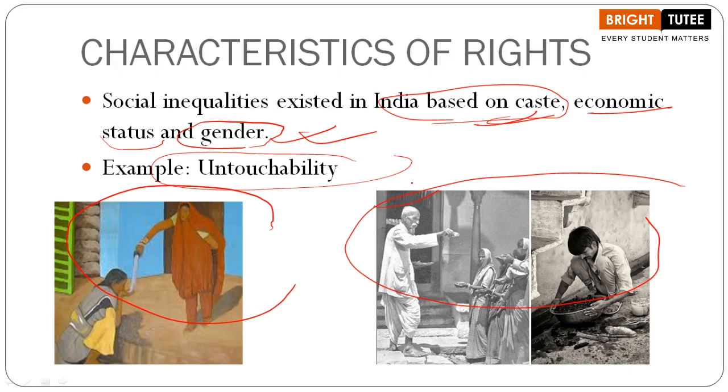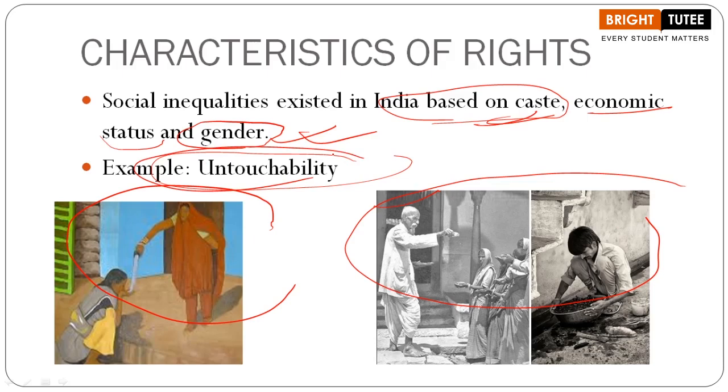So, do you think it was a correct practice? No. So, to protect the rights of these individuals, of these communities, our constitution thought about it very thoroughly. Therefore, they decided that untouchability should be completely abolished from our society. In Article 17, as you will learn later on, untouchability has been completely abolished.